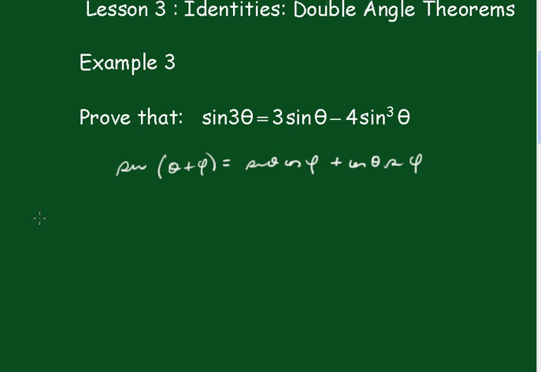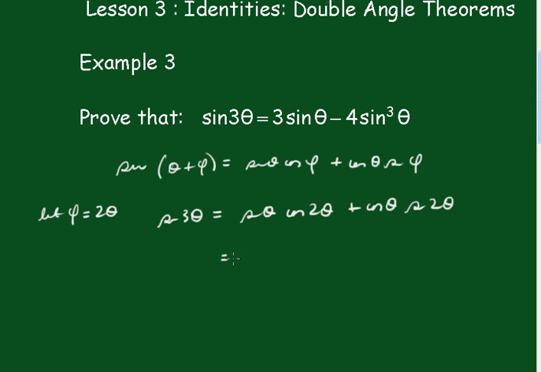And we're going to let phi equal 2 theta. So now we'll put a 2 theta in there, we'll get our sine 3 theta. So the sine 3 theta is equal to the sine of theta, this will be the cos of 2 theta, plus cos of theta, sine of 2 theta.